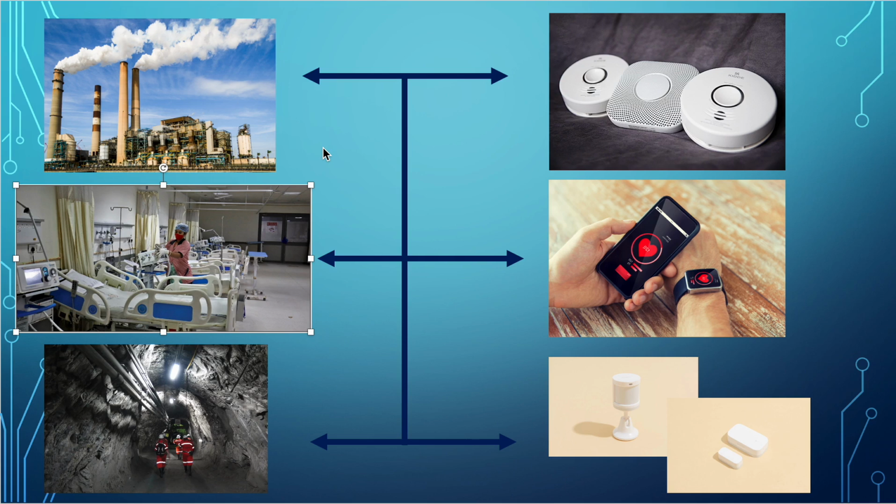Before the COVID period itself, there were separate containment units or containment wards in hospitals. The seals of the doors and the windows of these containment units can be kept in check using contact sensors.